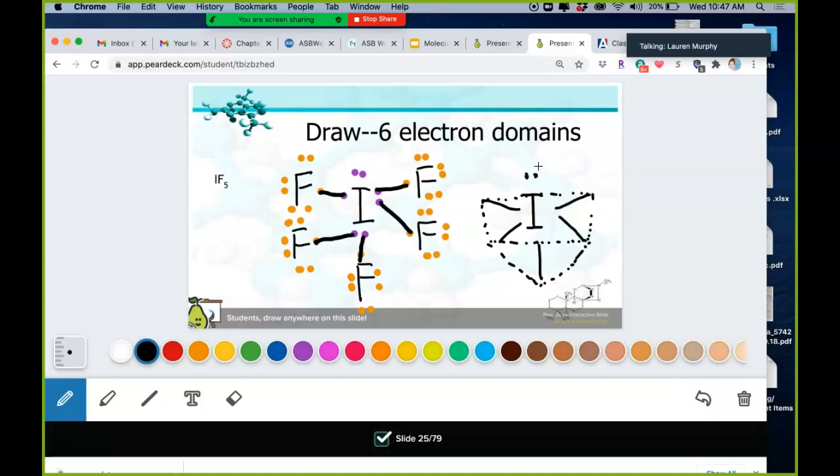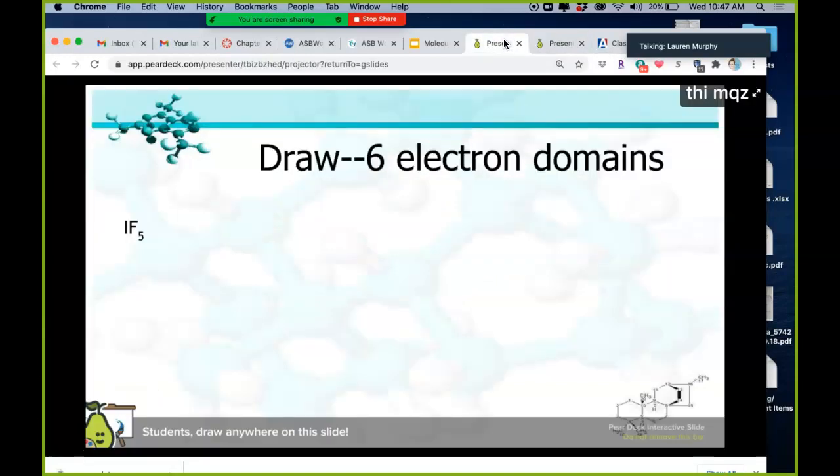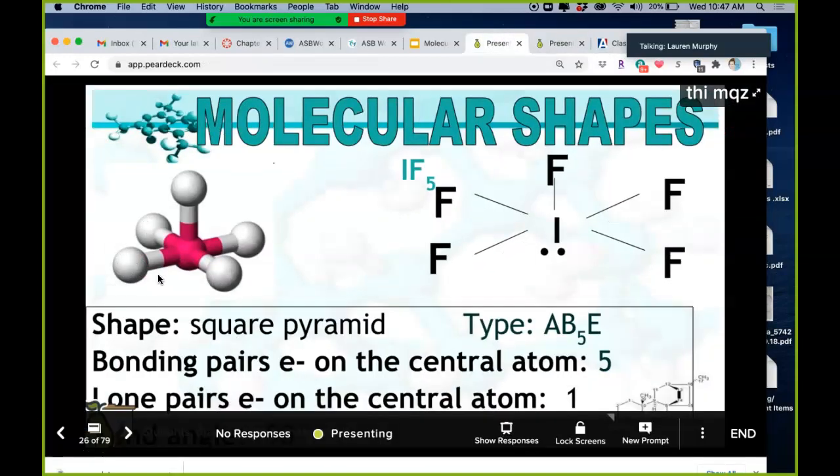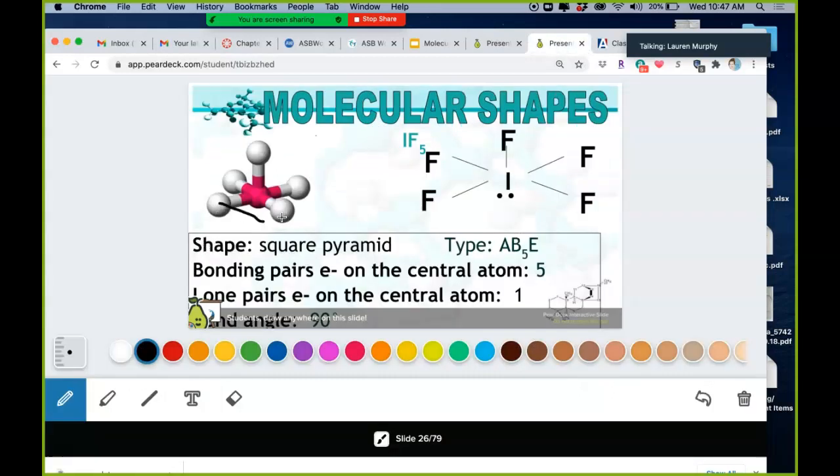So it's not an octahedral. However, it does kind of still look like a pyramid, right, but with a square base. So they call this square pyramid because it stands up. So here's the base, your square base. But it stands up like a pyramid, so they call it square pyramid. And again, the bond angles between the atoms are still all 90.